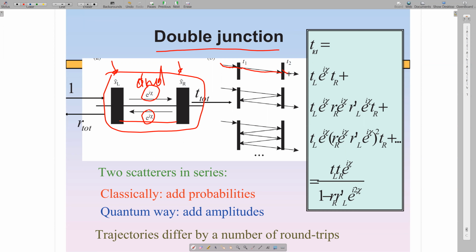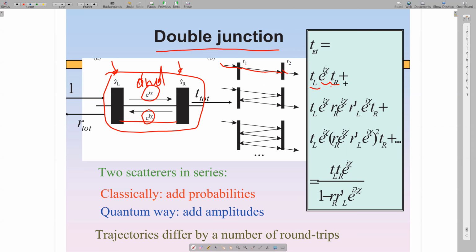This is a contribution to the total amplitude, and I need to multiply all partial amplitudes for each elementary process. Left amplitude, transmission through this empty space, through this "and", right amplitude.